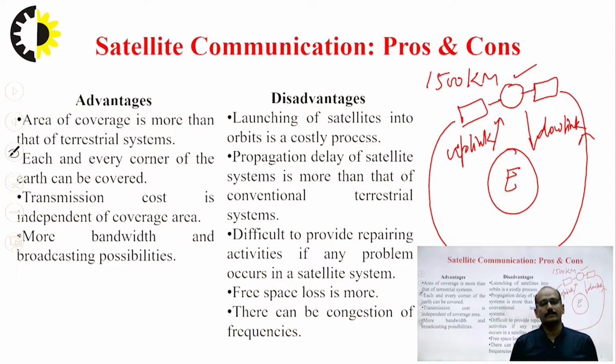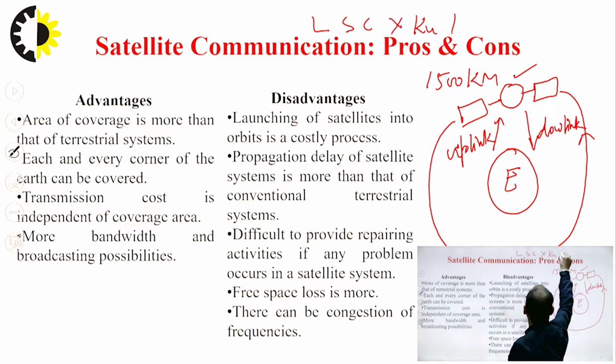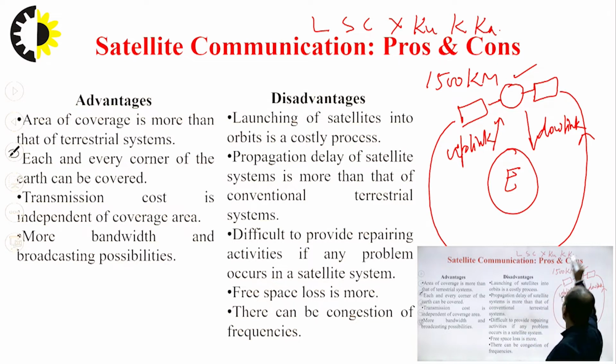As per all those services, the frequency allocation for satellite communication was decided as the L, S, C, X, Ku, K and Ka bands. Basically, for satellite communication, we are taking the frequency band of 1 to 40 gigahertz.